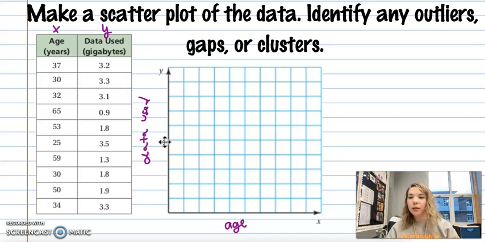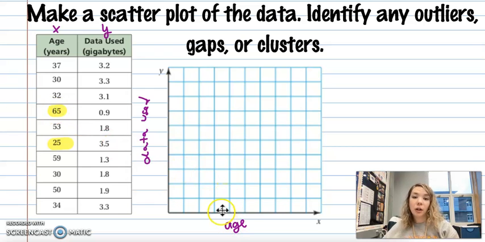All right, so next let's talk about our scale. Our scale in your notes is already counting by tens, but I want to talk about how we got there. When we are trying to make our own scale, or what we should count by, if we count by ones, our data is not going to fit. If I look here, my smallest age, or youngest person, is 25, and my oldest person is 65.